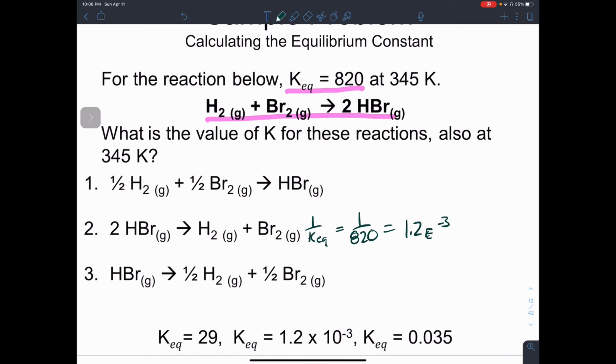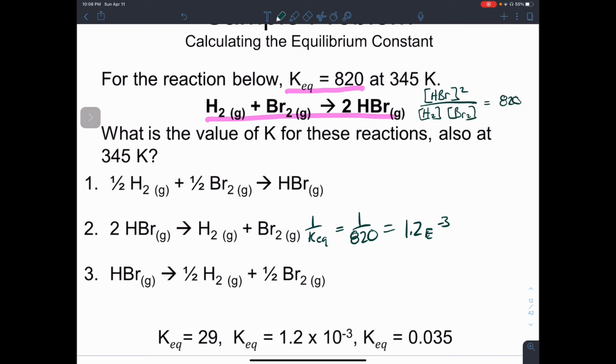So let's compare the given equation, which remember it has hydrobromic acid in the numerator and the hydrogen and the bromine are in the denominator, and the KEQ value is 820.